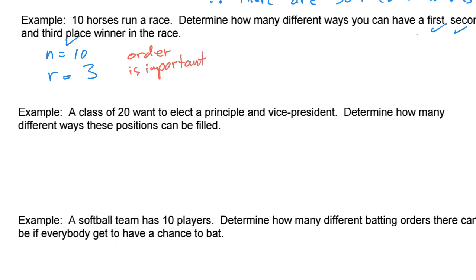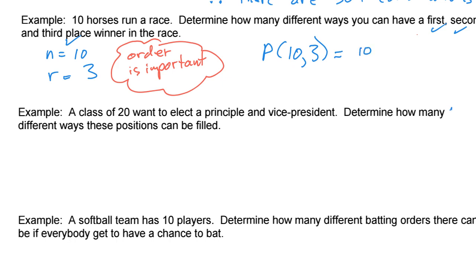Because it's important, we're just simply going to put in P of 10, 3, and use our calculator. You're going to enter 10, punch in nPr 3, and you get your final answer of 720 ways.